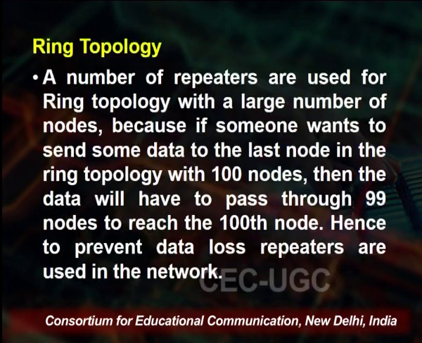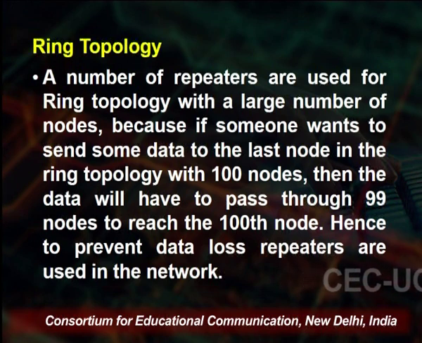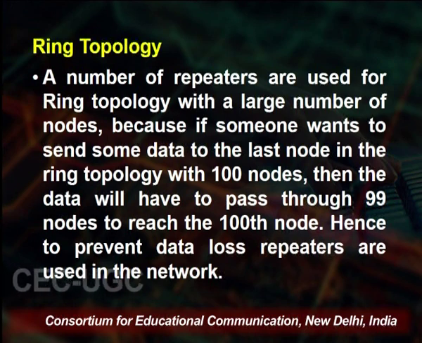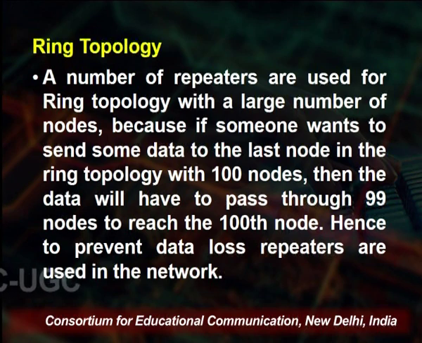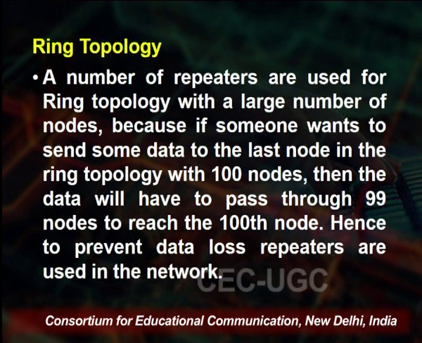In ring topology, if you increase the number of nodes, a large number of repeaters will be required. For example, let's say we have 100 nodes, and someone wants to send data to the 100th node, or the last node in this topology.